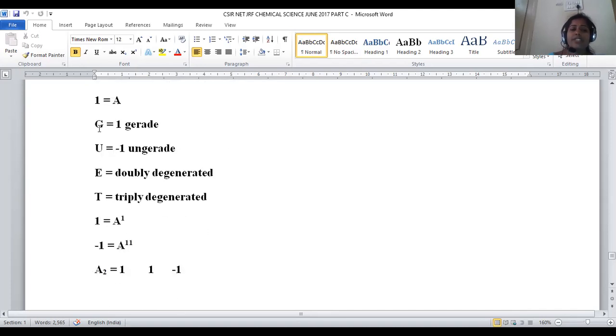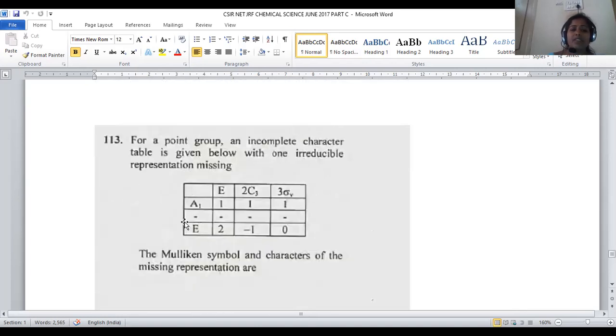If a gerade operation is there, that is denoted with +1. If an ungerade operation is there, a -1 sign will be denoted for that one. And E represents doubly degenerate, T represents triply degenerate. Here, 2 E's are provided within the irreducible representation table. This first E represents the identity element and this E represents a doubly degenerate orbital.